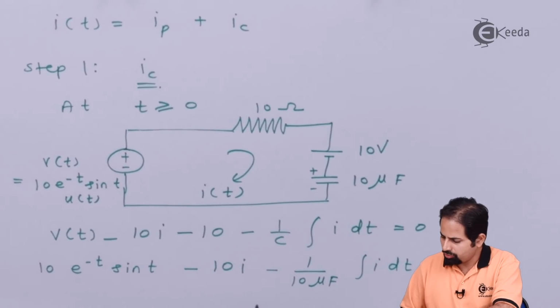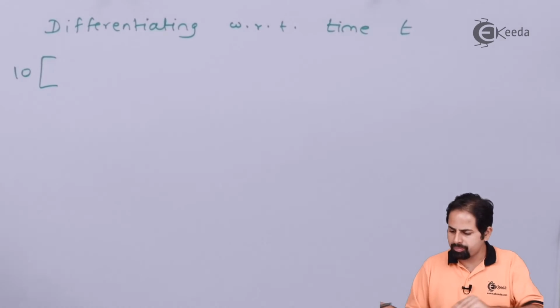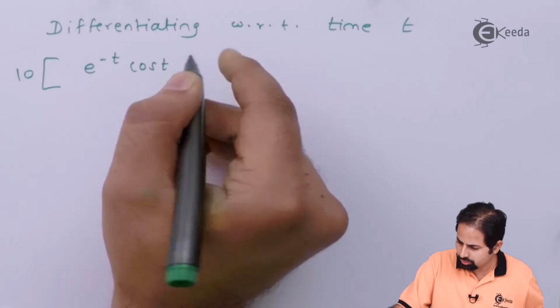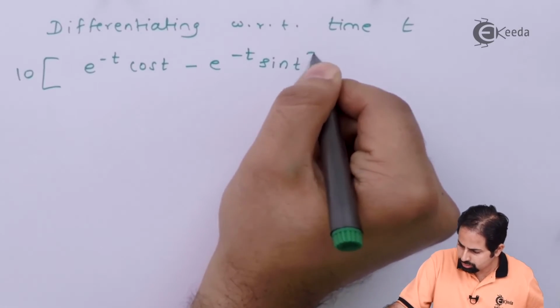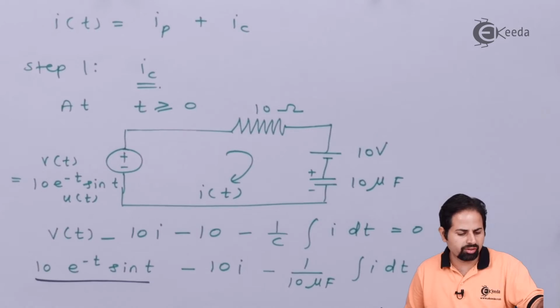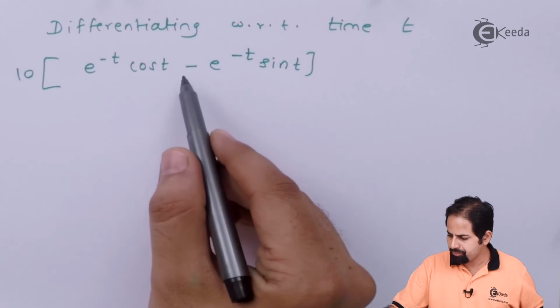So I'll take the differentiation of the first term. I'll take it to the right hand side in the next step. So here, for this first term, we have taken the differentiation by using the UV rule, and it is e raised to minus t cos t.